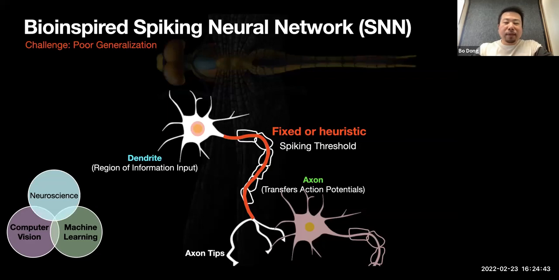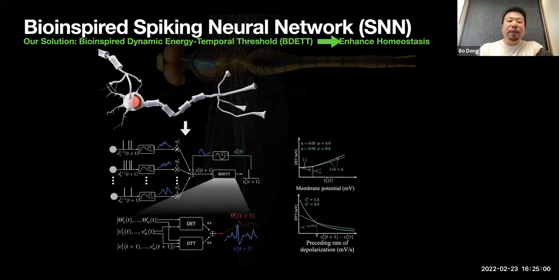But neuroscientists have studied dynamic thresholds for decades in different creatures and different nervous systems. So why not leverage this theory, plugging it into the current SNN to improve its homeostasis and increase its generalization? That's basically what we did.